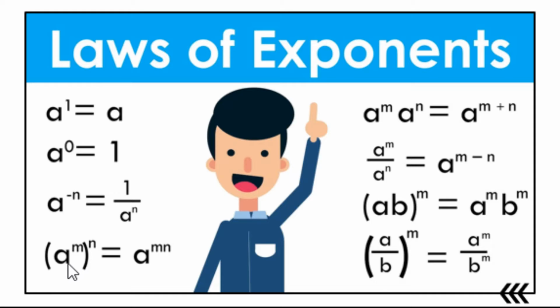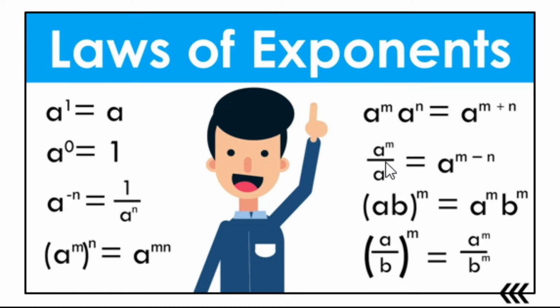Next law, we have a raised to m raised to n is just equal to a raised to m times n. So this is just the product of the two exponents. Next law is a raised to m times a raised to n is equal to a raised to m plus n, or it simply means that when you multiply numbers with the same bases, you just copy the base and add the exponent.